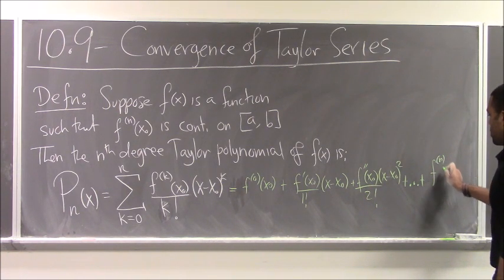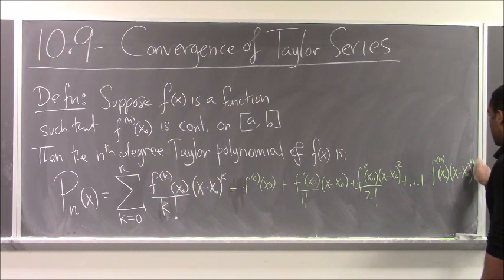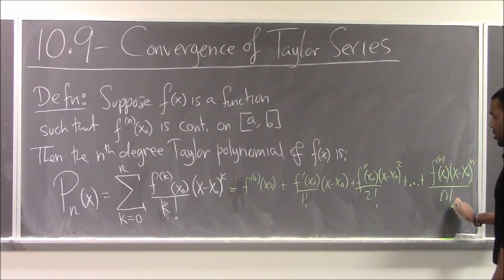F to the nth derivative at x naught x minus x naught to the nth power over n factorial.